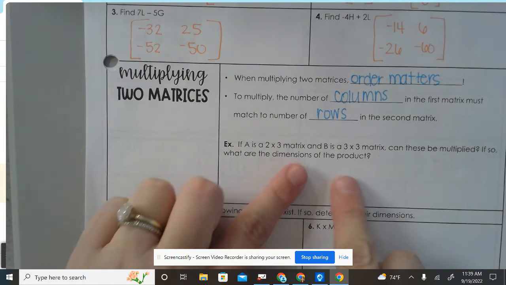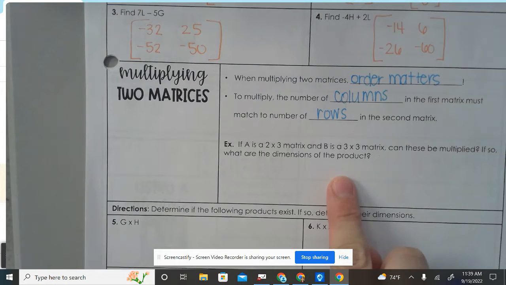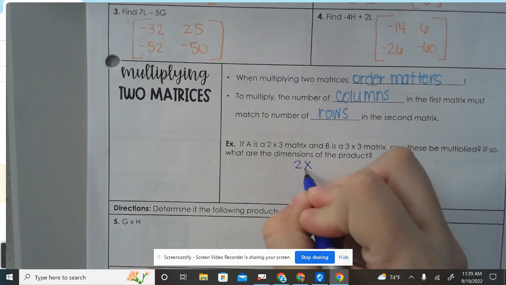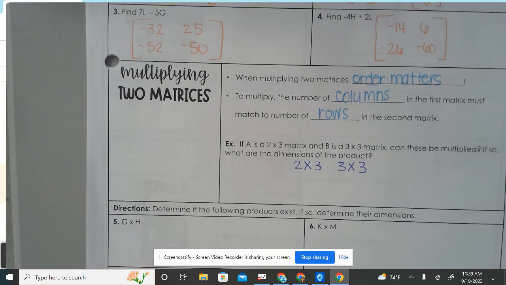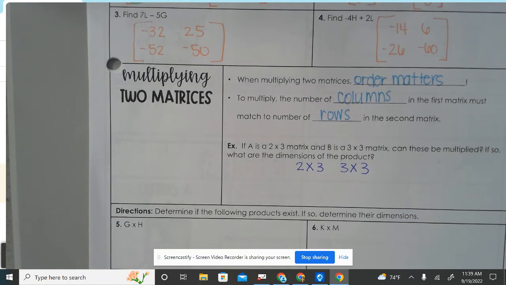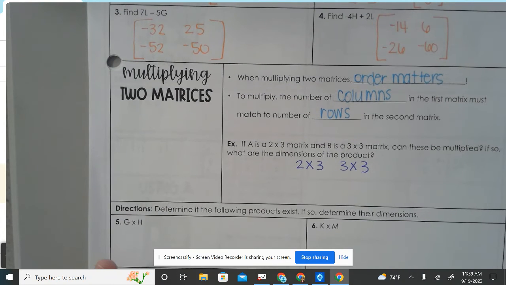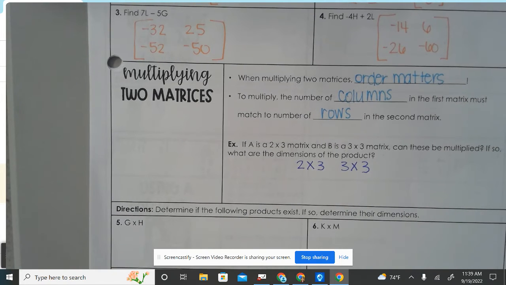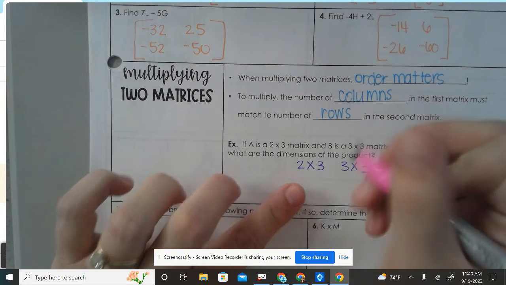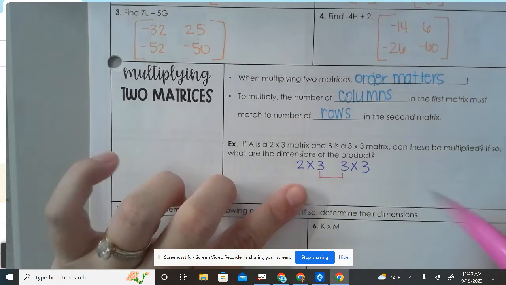So what you want to do is write your two dimensions side by side. So we have a 2 by 3 matrix that we want to multiply by a 3 by 3. Those dimensions are different. We could not add or subtract them, but maybe we can multiply them. So to figure out if we can multiply them, you look at the inside numbers, these two.